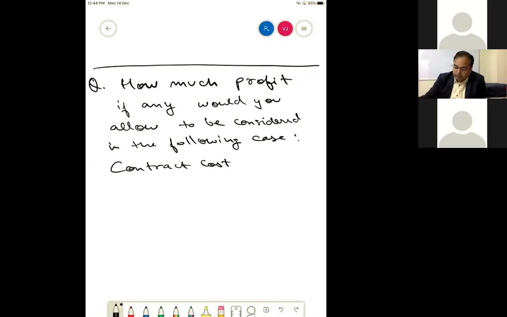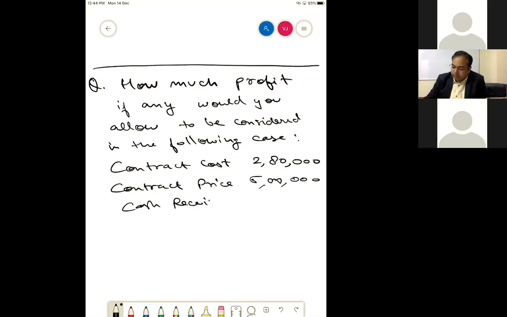Contract cost, that is 2,80,000. Contract price 5 lakh. Cash received 2,70,000.